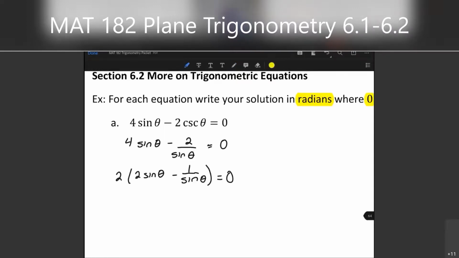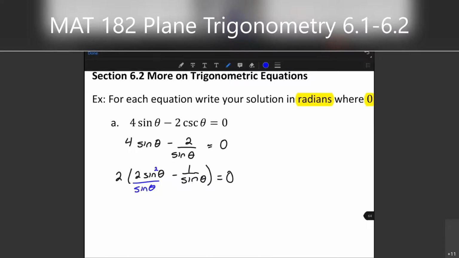That's kind of the same idea. If we multiply by sine theta over sine of theta, that would make that sine squared theta to get a common denominator of sine, and we could add these two together.